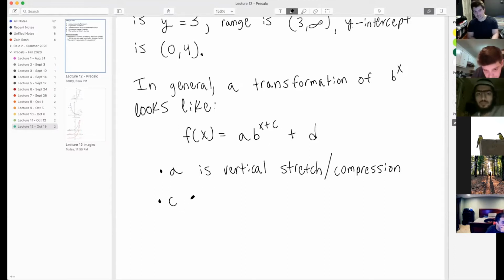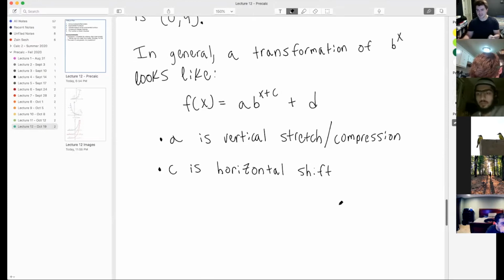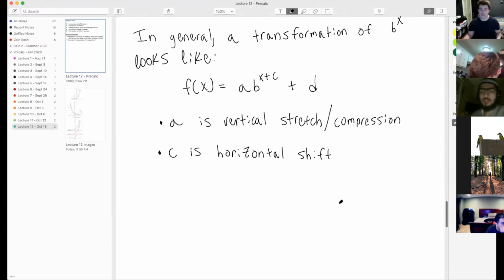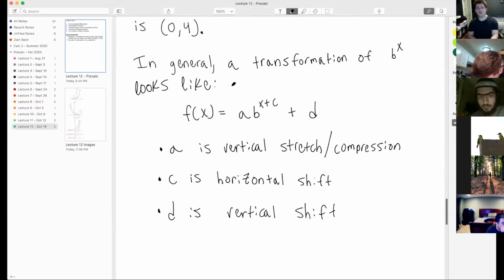Okay, so c is horizontal shift. Nothing really new going on here. We're just applying our old rules of transformations to the specific case of the exponential function. So this is actually kind of a review. Good, and then the plus d will be a vertical shift. So this is what a transformation will look like in general.